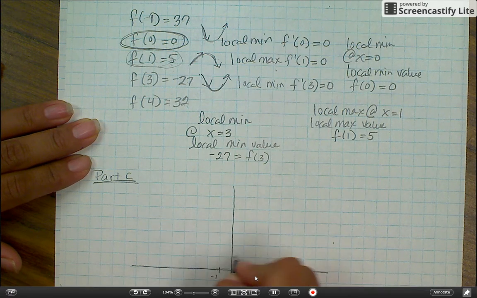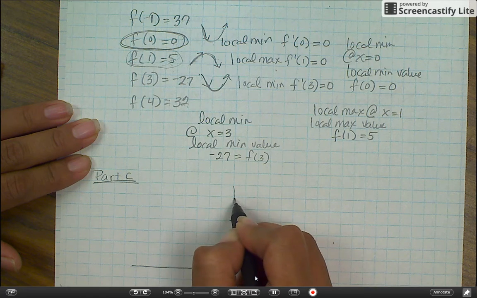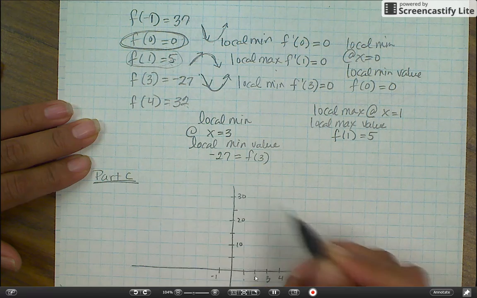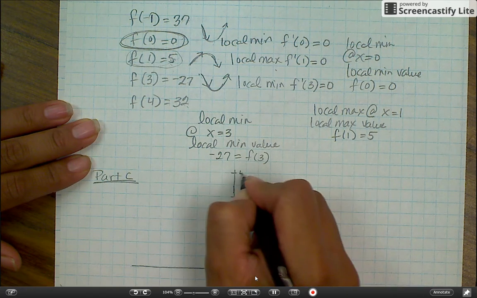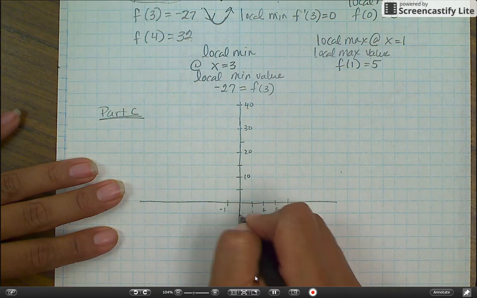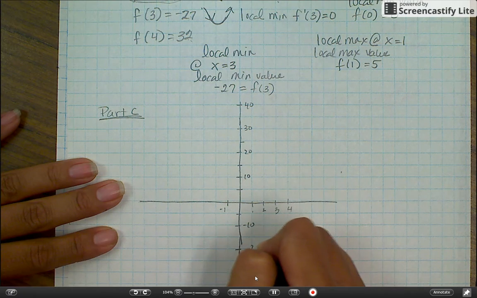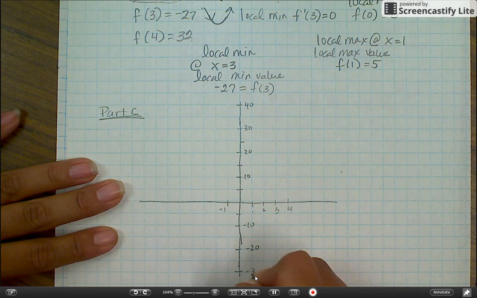So I will make each one of these 5. So this will be 10, 20, 30. Is it more than 30? Yes. 40. Okay? And then negative 10, negative 20, negative 30.